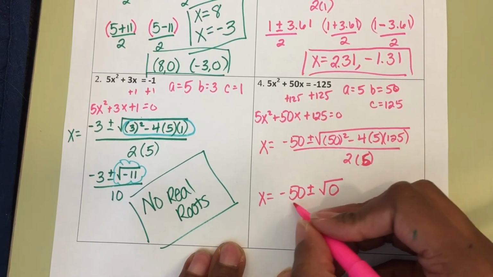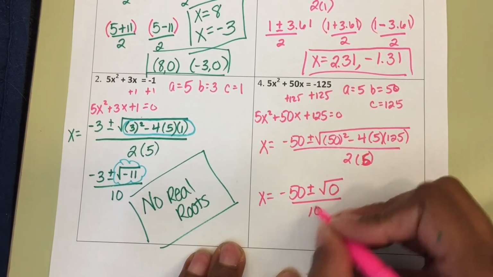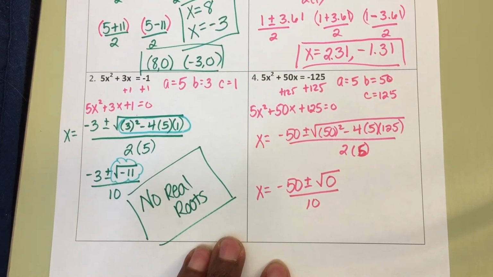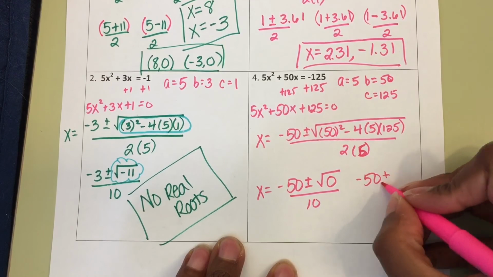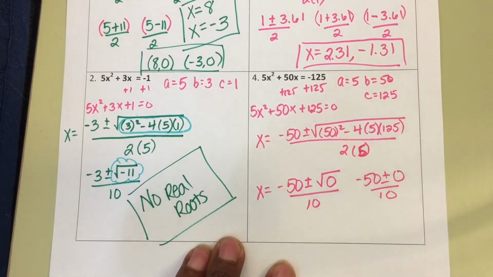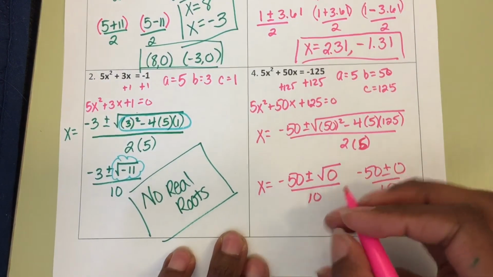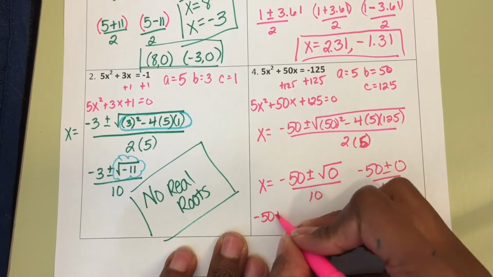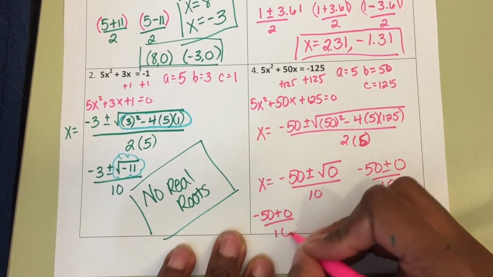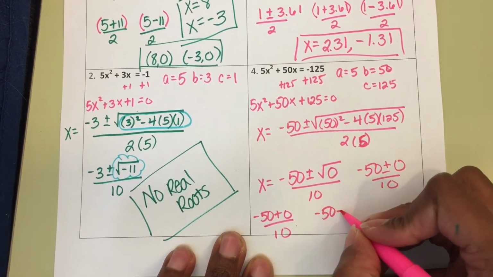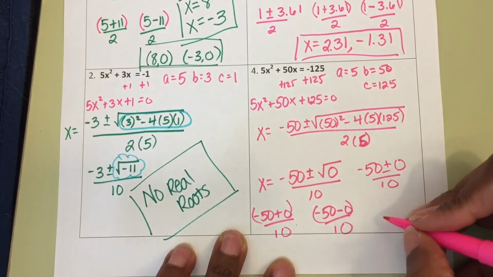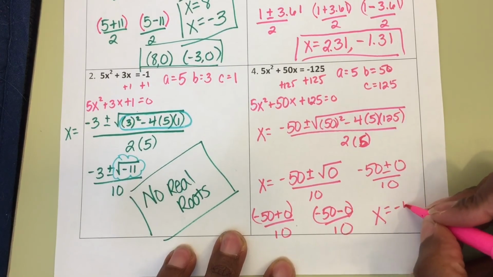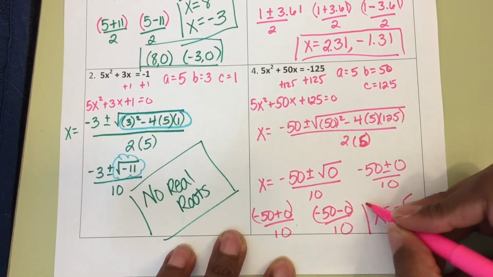And you get the square root of 0. And then 2 times 5 is 10. The square root of 0 is just 0. So negative 50 plus or minus 0 divided by 10. So you have negative 50 plus 0 divided by 10, and negative 50 minus 0 divided by 10. When you do that, you get the same answer twice, which is negative 5.